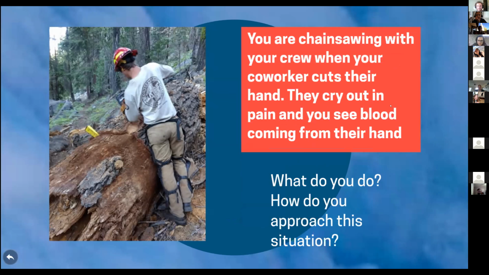How do you approach this situation? So the scenario is you're chainsawing with your crew when your coworker cuts their hand. They cry out in pain and you see some blood coming from their hand. So take a minute or so to think about how you are going to approach this situation.